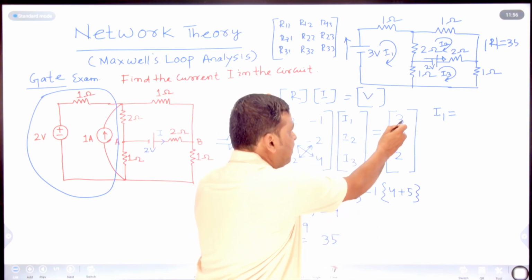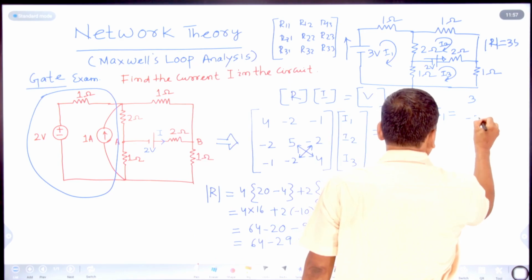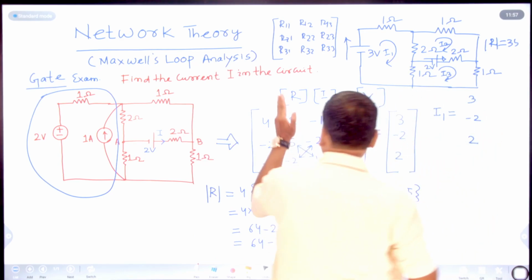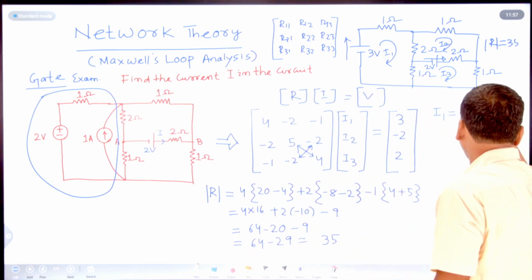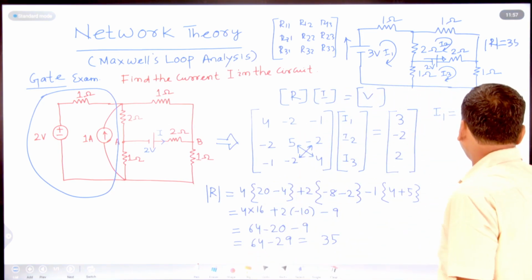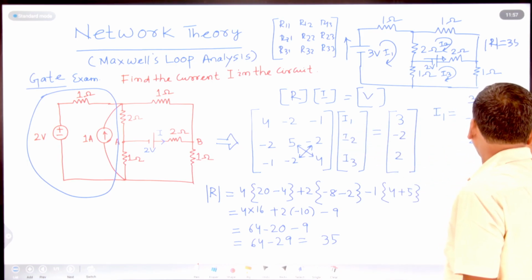On the right side, first of all you consider this one, that is your 3 minus 2 2. Then come to here, except the first column, that is your minus 2, then 5, then minus 2, then minus 1, minus 2, then 4.